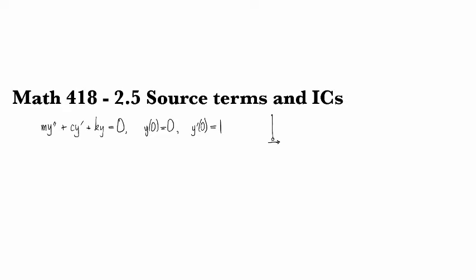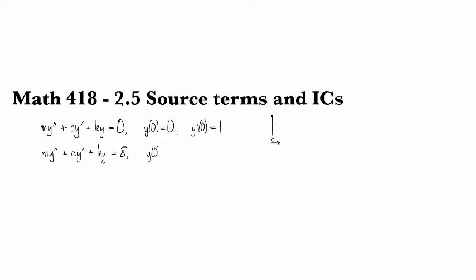So what is that? Well, you're suddenly going to make it go forward at time 0, right? Well, this is the same thing as looking at the situation where we give it a smack at time 0.